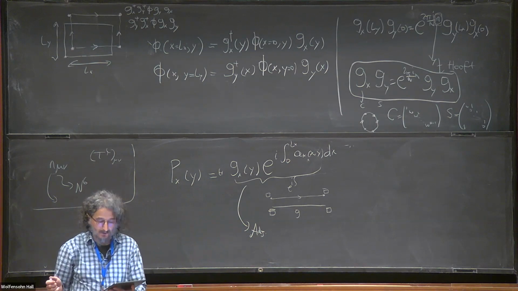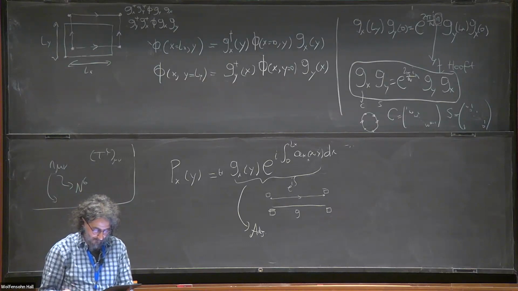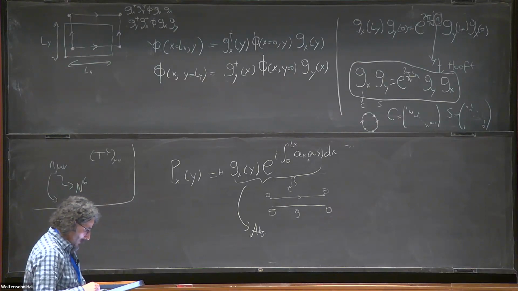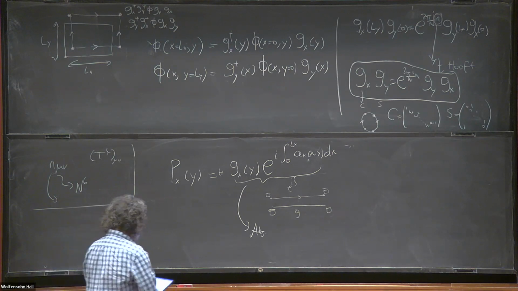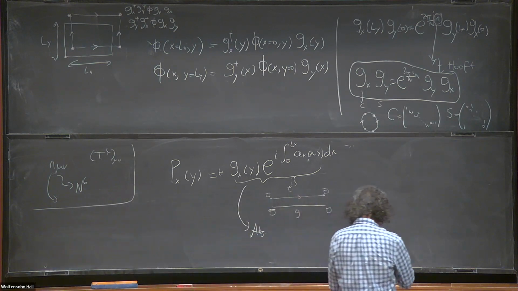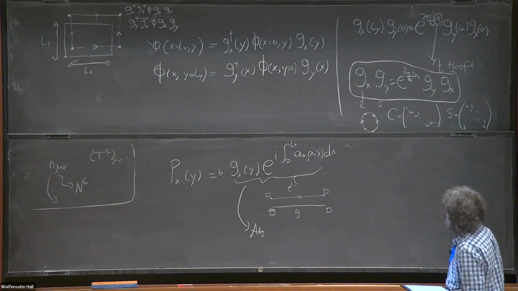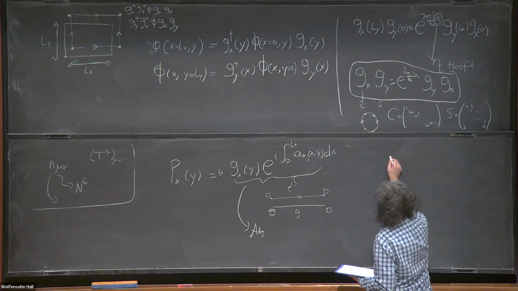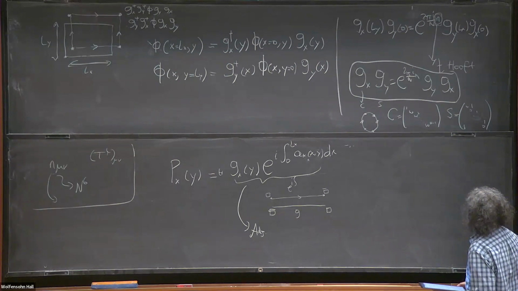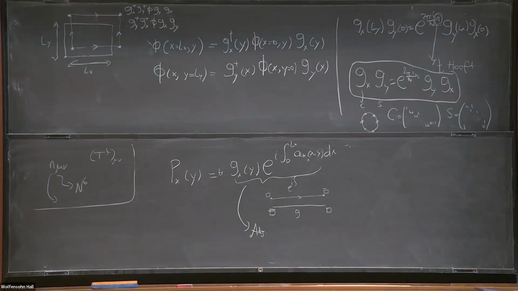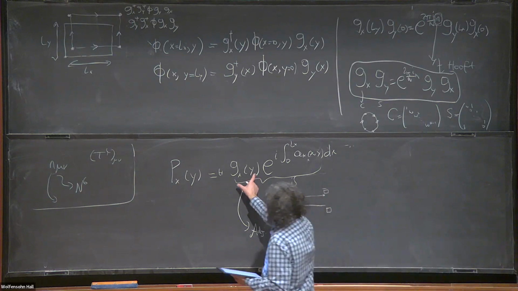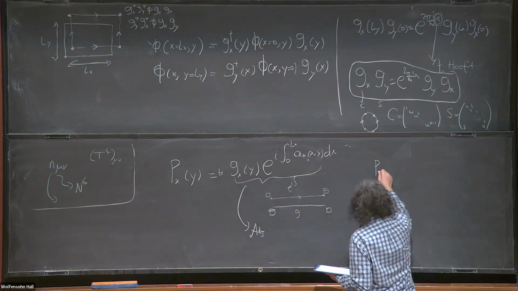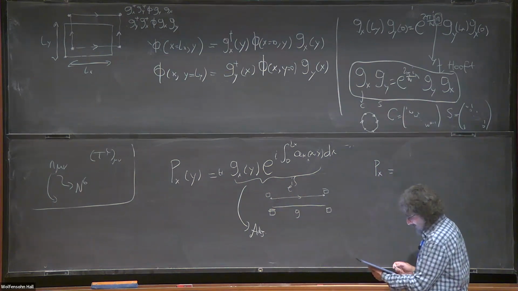Now, what does this mean? The Polyakov loop, P_x, turns out to be completely determined.